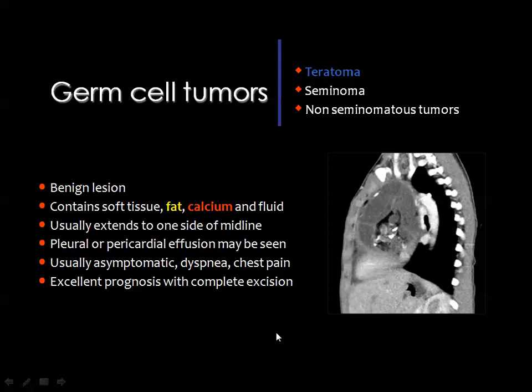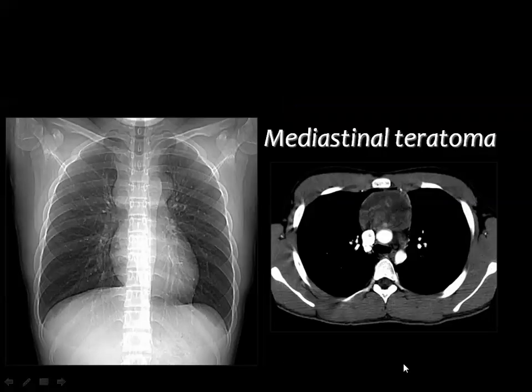But many times you don't see calcium, you see only fat and the fluid, and these are enough for the diagnosis. And also, if you see calcium and fat, this is good for the diagnosis. But if you don't see fat, this will make the diagnosis very difficult, and you will proceed to have a biopsy to confirm the diagnosis.